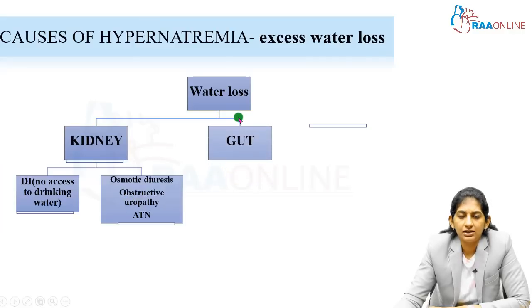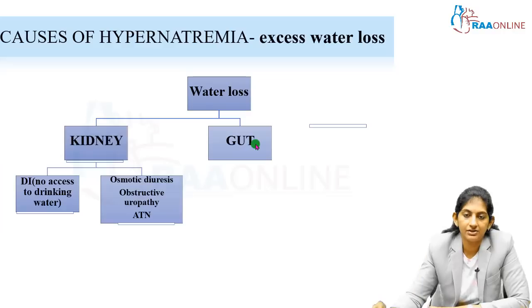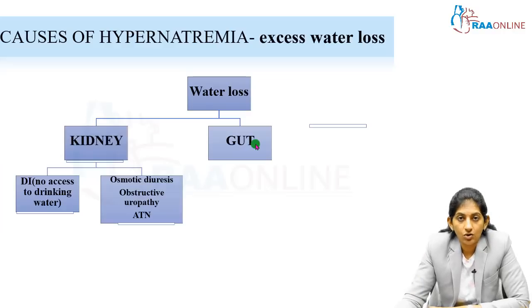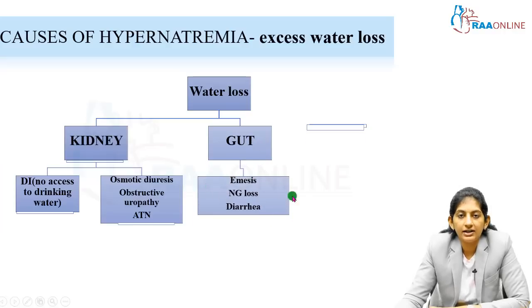Next, coming to the gut. So vomiting or diarrhea, or in NG feeds, you have put an NG and then there is excessive suctioning or excessive drainage from the NG. In that instance also there can be excessive water loss, right? Emesis, diarrhea or NG tube loss. Next, through the skin.